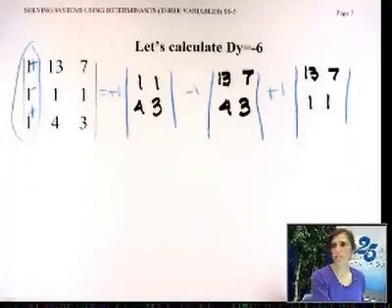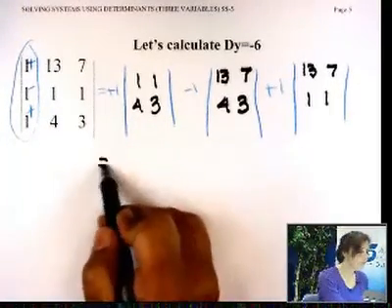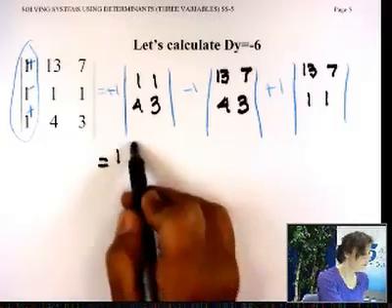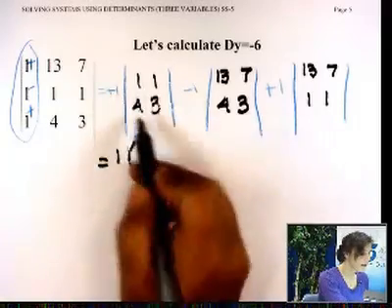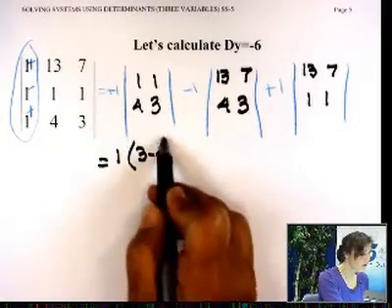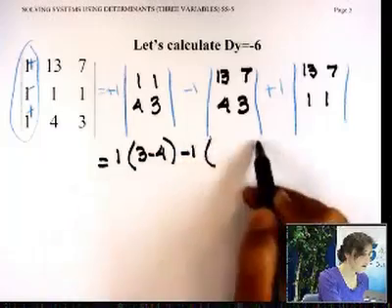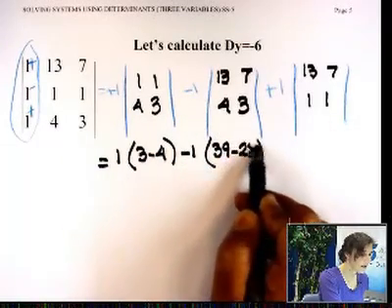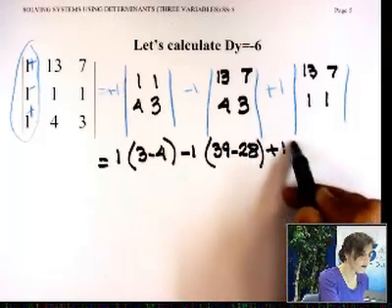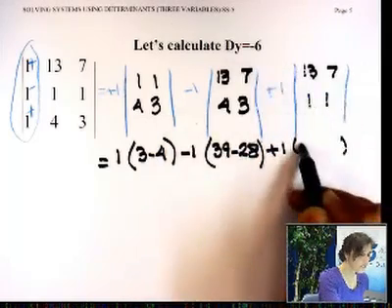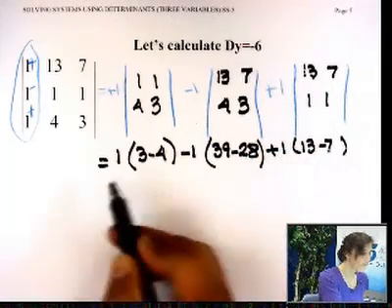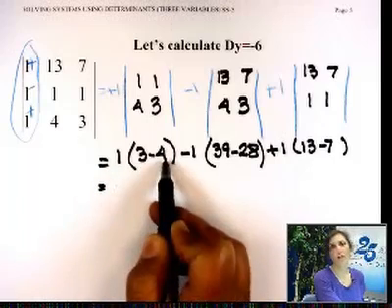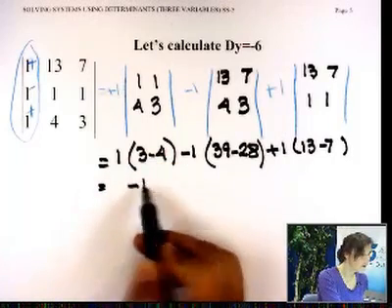Okay, so let's go calculate the determinants of 2 by 2. 1, so that's going to be 3 minus 4, minus 1, that's going to be 39 minus 28, plus 1, that's going to be 13 minus 7. This one, 3 minus 4, that's negative 1, so this is going to be negative 1.